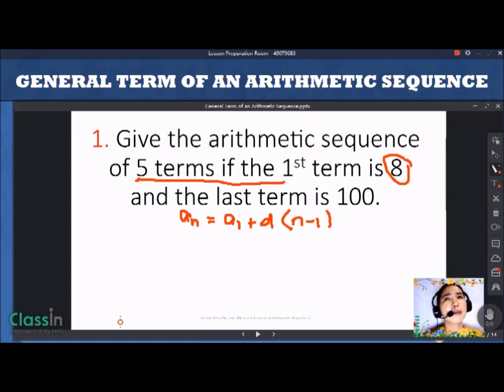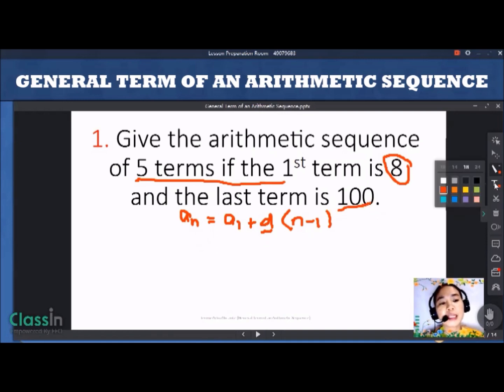So we will be able to determine the next terms if we know the common difference. So for this example, we will solve for the common difference. Since that is missing, it is the only value that we will not replace with any number. So our a sub n, that is actually the last term, that is 100.